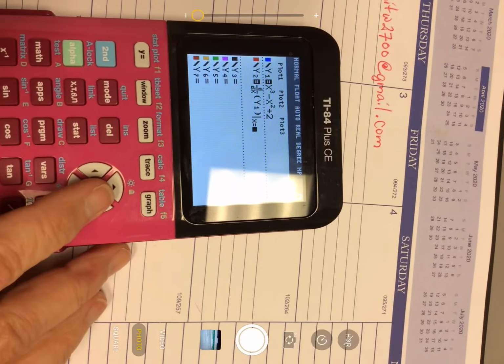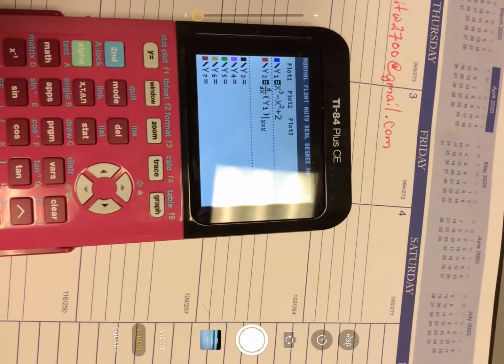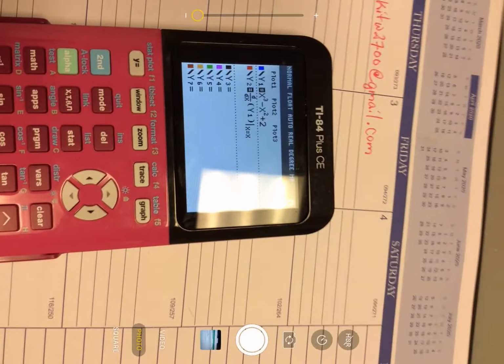And here we just put x because it's not going to be a derivative that we're evaluating at a point. Okay, and hit enter.